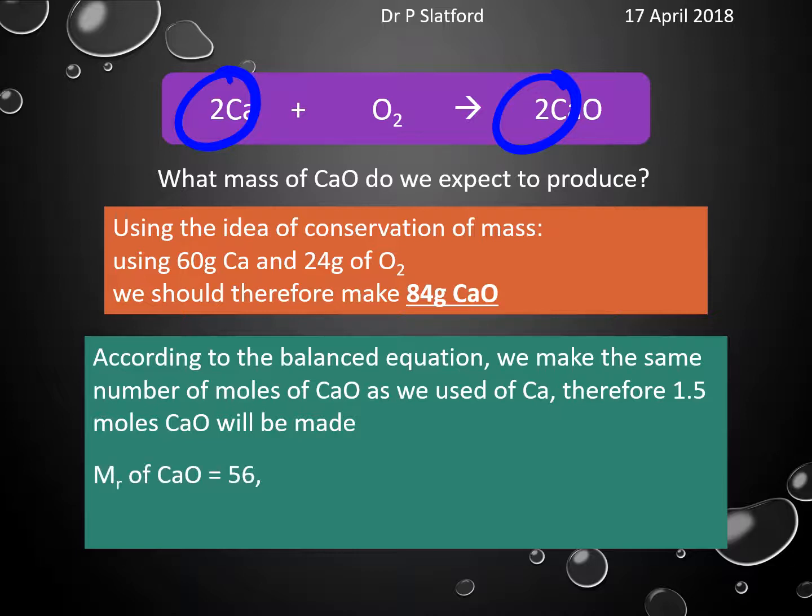The relative molecular mass of calcium oxide is 56. And I can use the equation moles times Mr to get my mass. So 56 times 1.5 is 84 grams. And unsurprisingly, these figures are the same here.